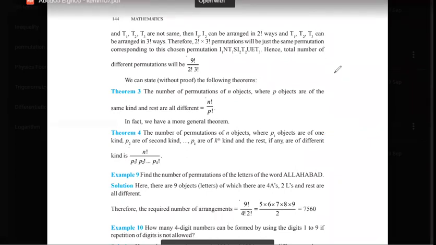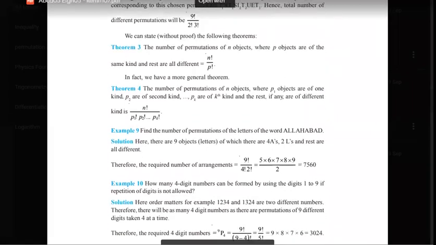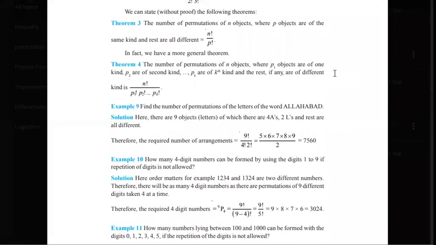Okay, now let's see the next problem. Tell me, everyone. This is a good problem, question number 11. Think and tell me. Take your time, don't worry.